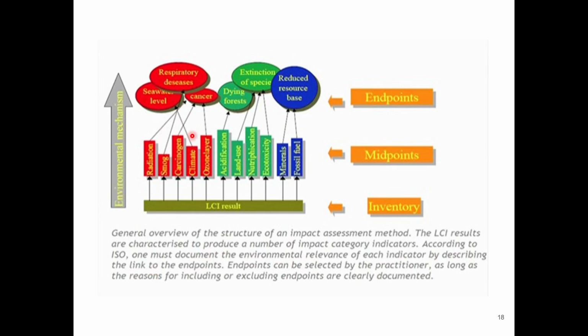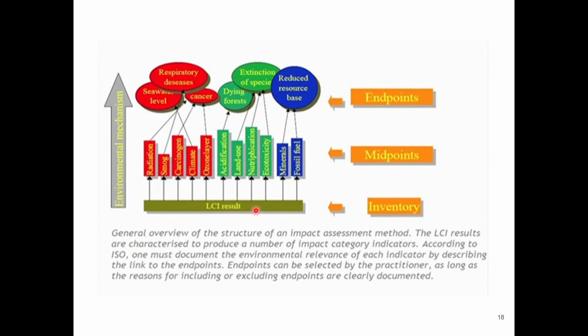Endpoints can be selected by the practitioner as long as the reasons for including or excluding them are clearly documented. So it has to be precise. The more the precision, the more the clarity and quality, and the better the results.